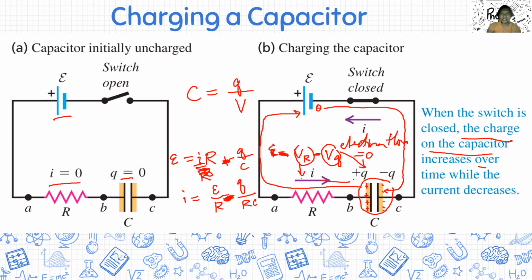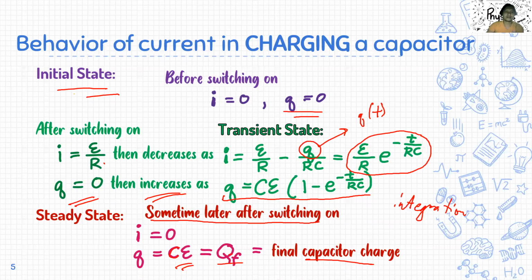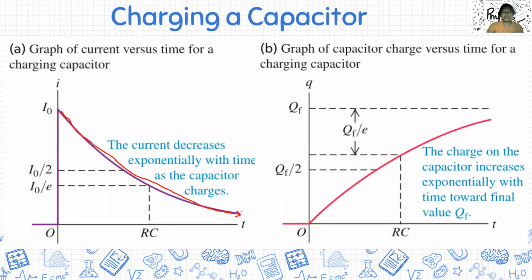Di ba? Pabaliktad. So, until ma-equal, kung ano po siya ni compensate. So ang imong kuryente, kadugayan, kung fully charged na ang imuhang capacitor, ang current kay ma-zero na.